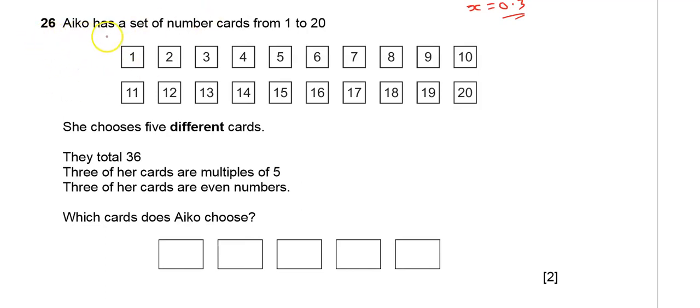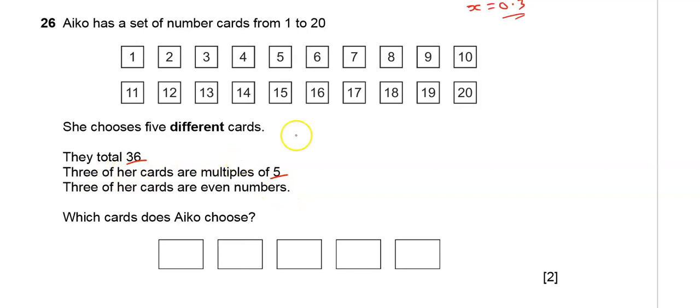Question 26. Aiko has a set of number cards from 1 to 20. So you can see she chooses 5 different cards. They total 36. 3 of our cards are multiples of 5. 3 of our cards are even numbers.